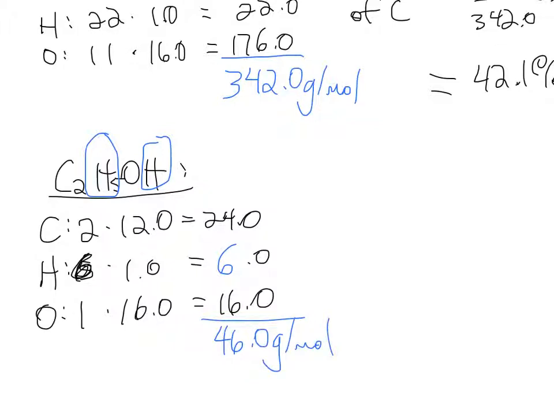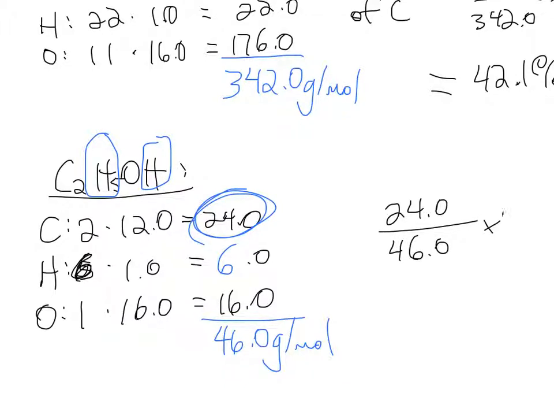So if we add all that up, we get 46 grams per mole. To calculate the mass percent of the carbon, we'll consider the percentage of that molar mass that's due just to the carbon. So the 24.0 over 46.0, and then multiply by 100 to make it a percent, and you get, in this case, 52.2%.